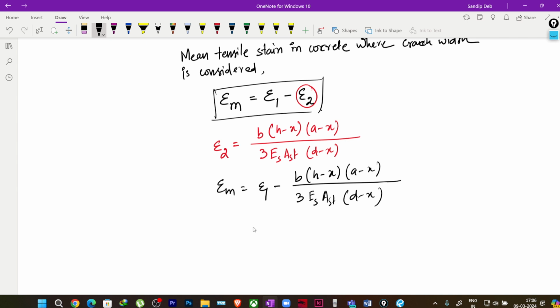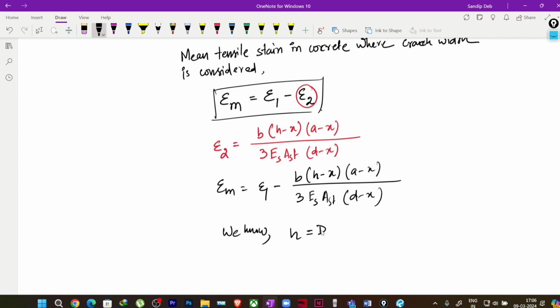Now we know that h is equal to D, which is my total depth, and what is a, where we are finding the crack width, from the compression face.